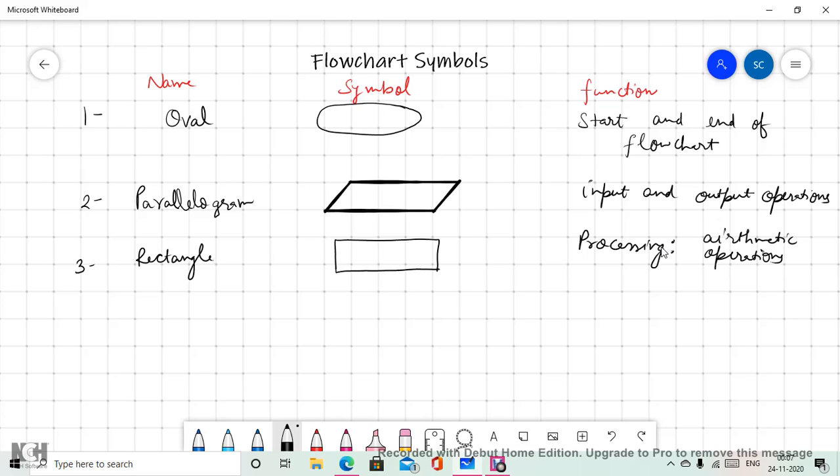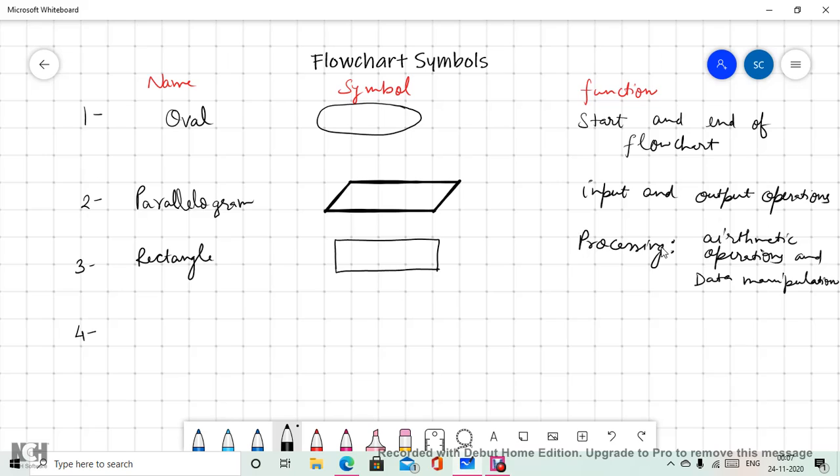These are all called arithmetic operations. And data manipulation. Now when I say data manipulation, that means whenever you are going to change the value of data. Suppose we have the value of A as 5 and we have made the value of A as 7. Whenever we are manipulating the value by any logic, we will be putting that in this processing or rectangle symbol.